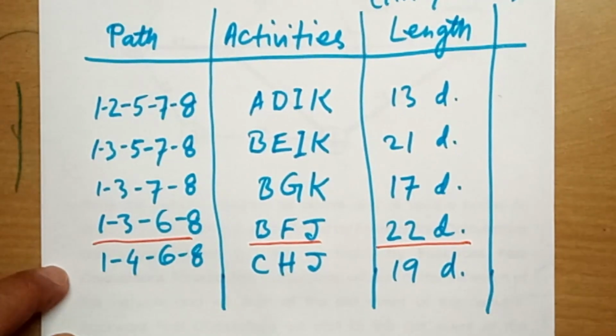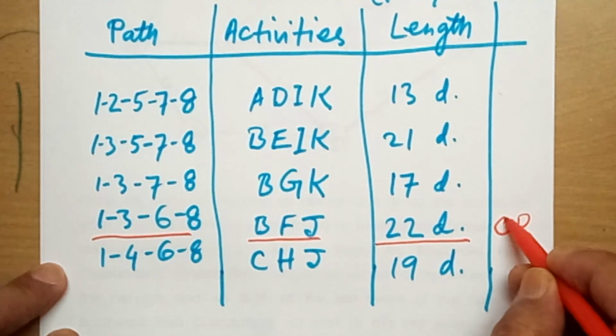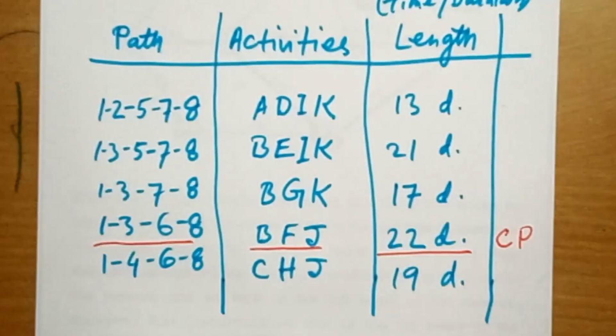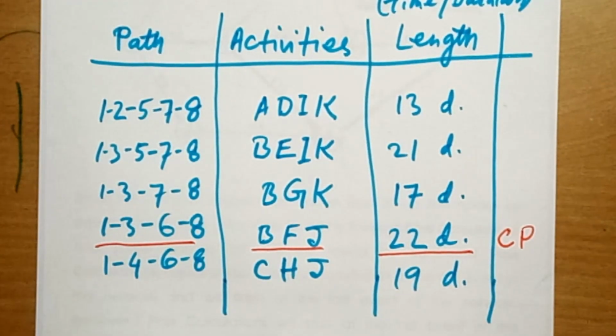We can call it simply CP. So this is one way of finding the critical path out of all the paths of the project network.